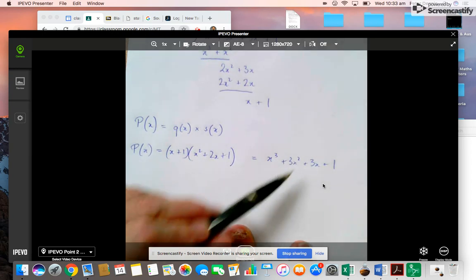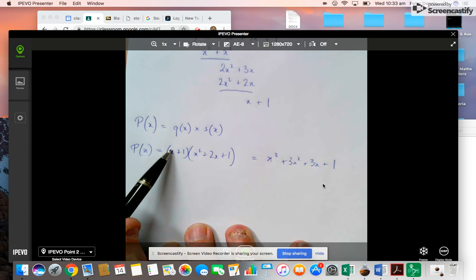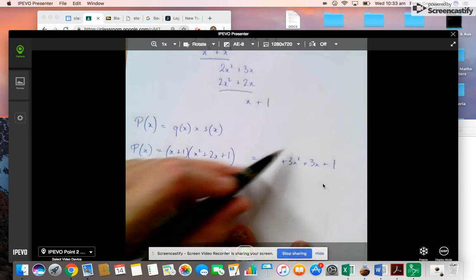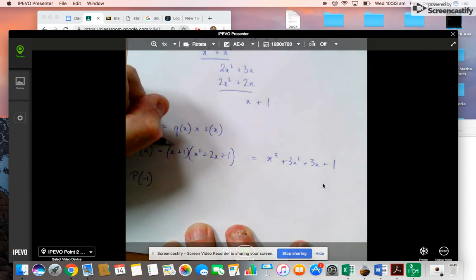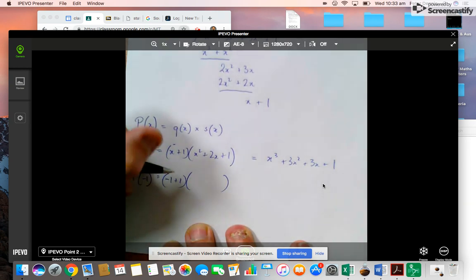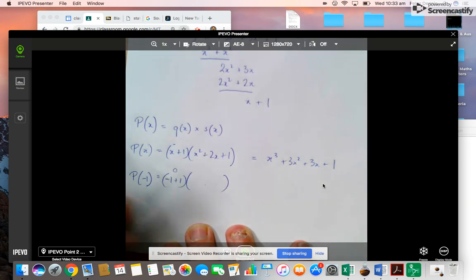So instead of doing all that, we could have said, well, if we put x equals minus 1 into this or into this, same thing, this becomes minus 1 plus 1, and this is going to give 0. 0 times anything equals 0. So instead of doing all the long division, if we want to find out whether x plus 1 is a factor, we just find the value of p(-1), or we put minus 1 into the equation and see what happens.